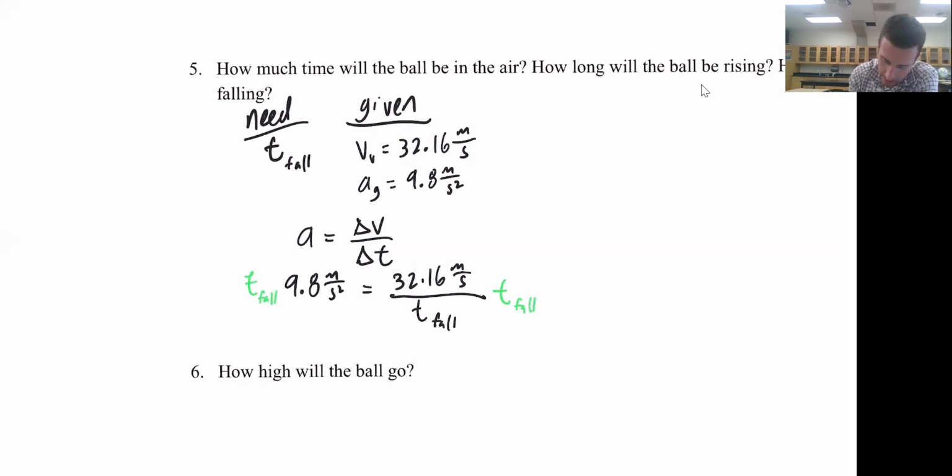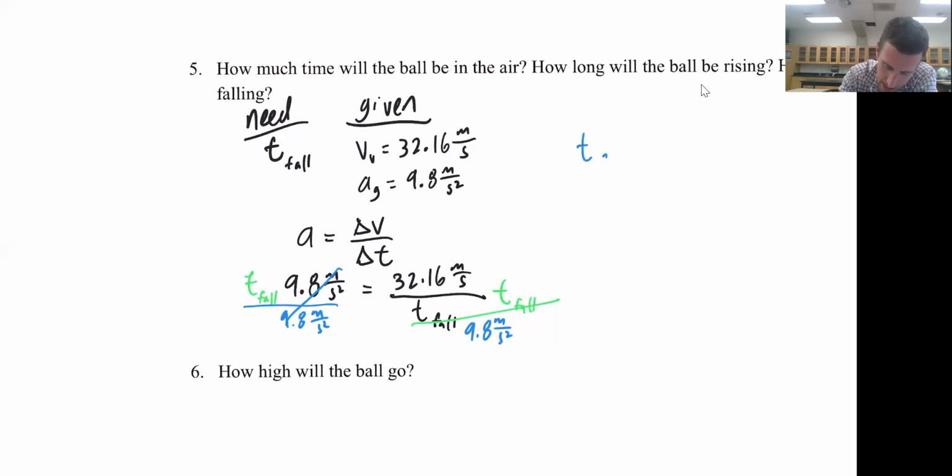That gets rid of that on that side. Now I have time of fall times 9.8 equals 32.16. To get rid of the 9.8, I have to divide both sides by 9.8 meters per second squared. That will cancel there and leave me with the time of fall is 32.16 divided by 9.8 meters per second squared.